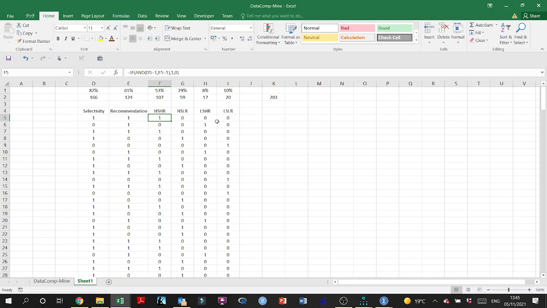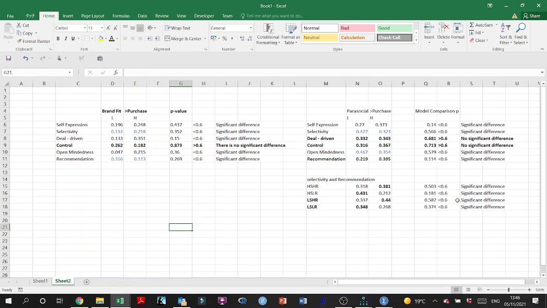But when we took high selectivity regardless, meaning when we studied all these together, to be specific, when high selectivity with low recommendation, low recommendation here gave us the same expected result. So this is what we've been doing.